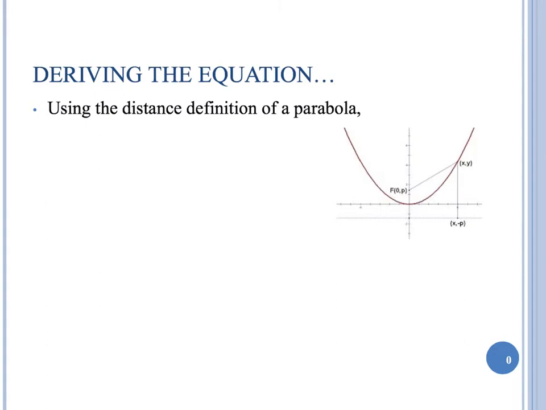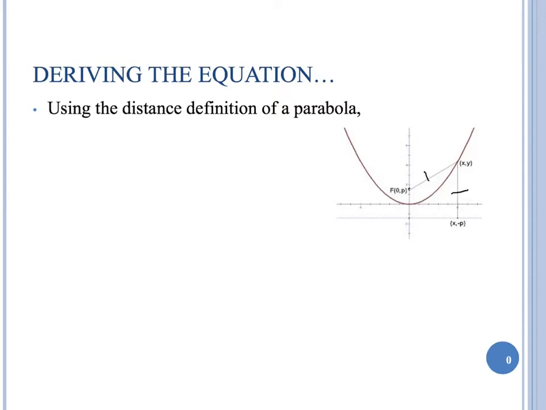So we're going to take a look at how we can generate the equation of a parabola. Now I know that this distance here is the same as that distance here. So we have a distance formula, and I'm going to use the ordered pairs that I have. So I'm going to take the distance from my focus to the parabola.